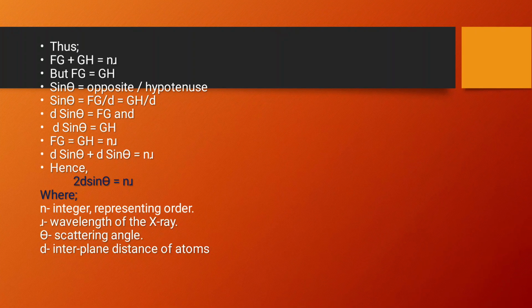When we add d sine theta and d sine theta, we get 2d sine theta, which is equal to n lambda, where n is the integer representing the order, lambda is the wavelength of the X-ray, theta is the scattering angle, and d is the interplane distance of atoms. Thank you for listening to me.